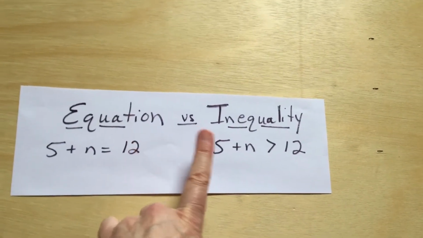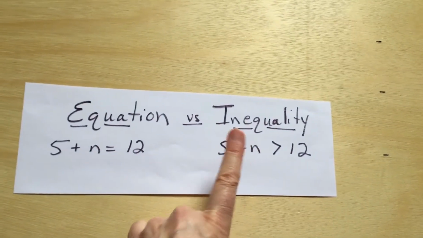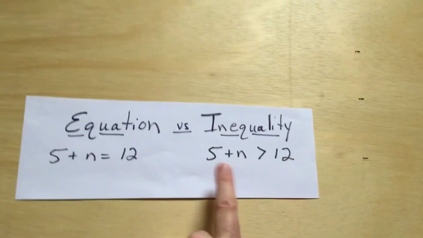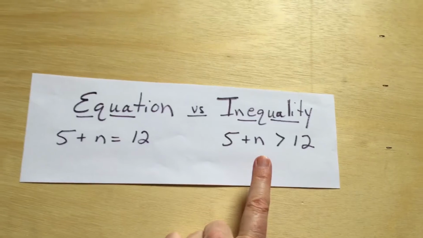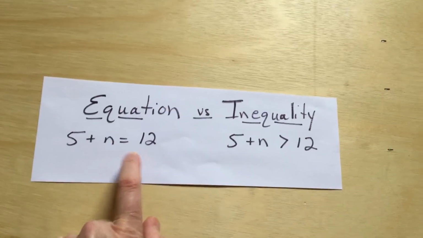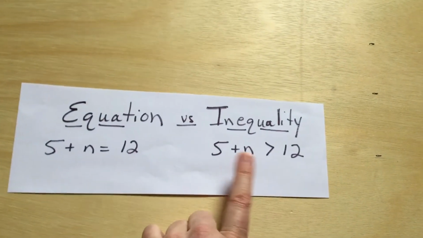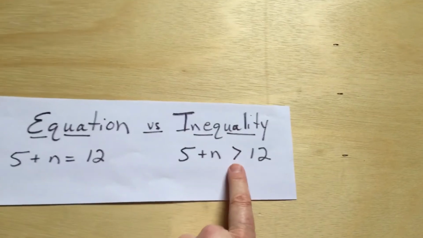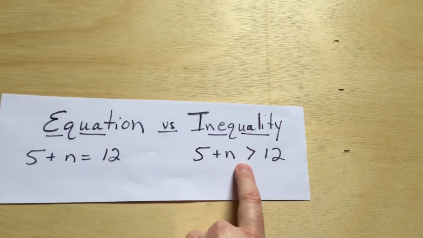But there's also something called an inequality. Equation or inequality. We're going to actually work with inequalities this week, but it's the same steps that you do to solve equations that you do with inequalities. Notice the difference here. We have an equal sign over here, and we have a greater than sign over here.